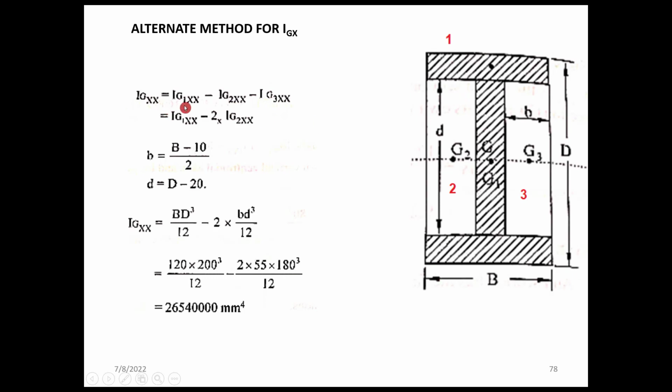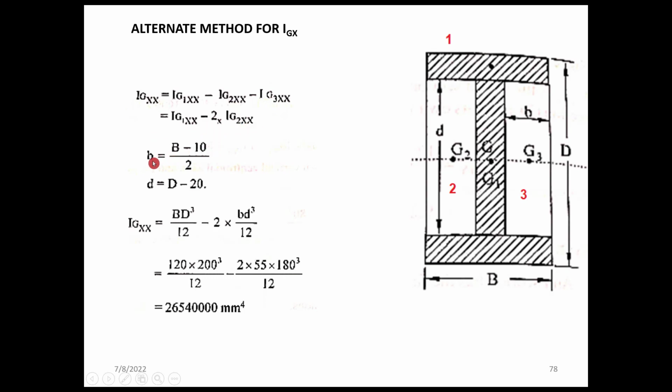IGXX is equal to IG1XX, that is the full area, minus area 2 and area 3, as areas 2 and 3 are the same, 2 times IG1 minus 2 into the.